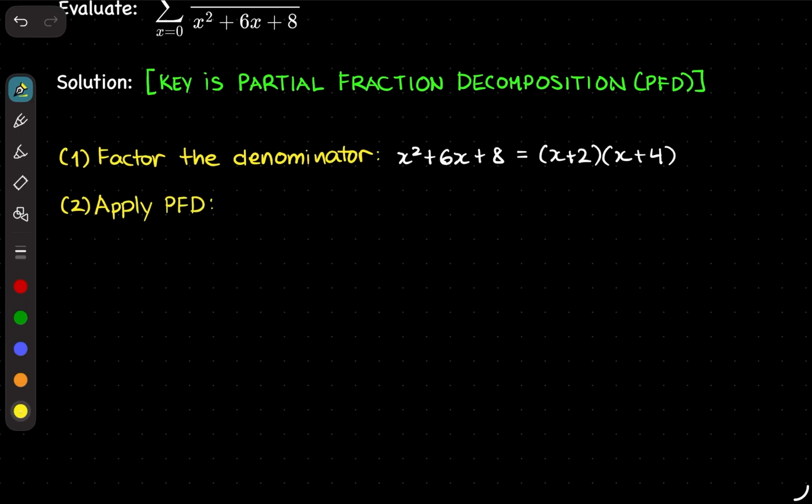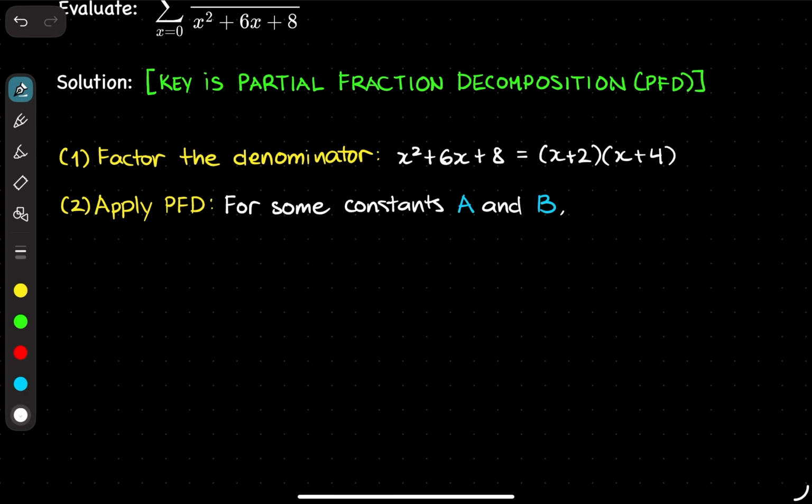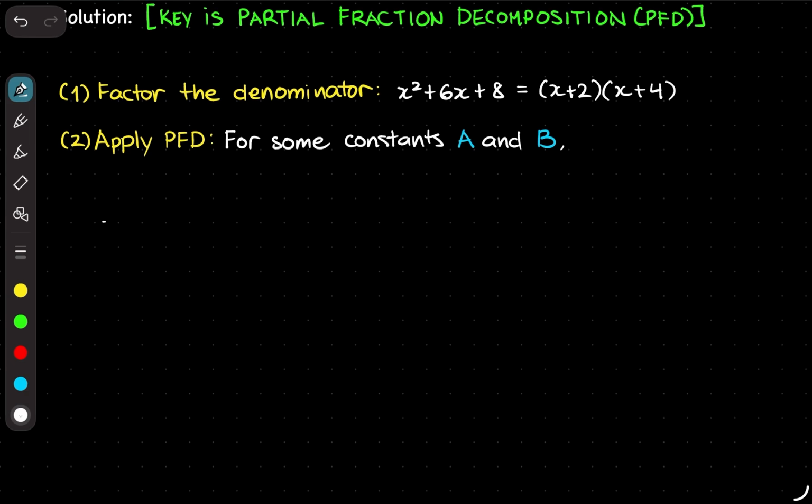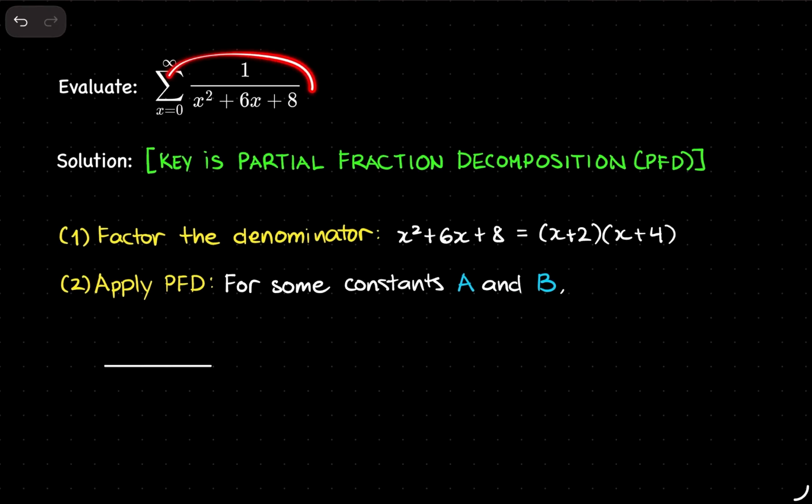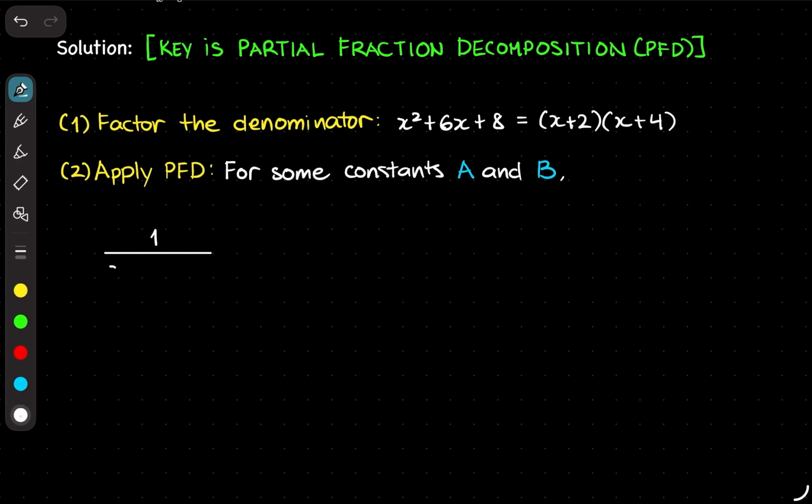So the key in applying partial fraction decomposition is to first consider some constants, let's say in this case, a and b. If we consider these constants, then take note that we can rewrite the given rational expression. So let me write it out here.